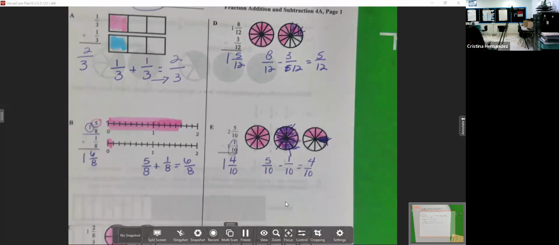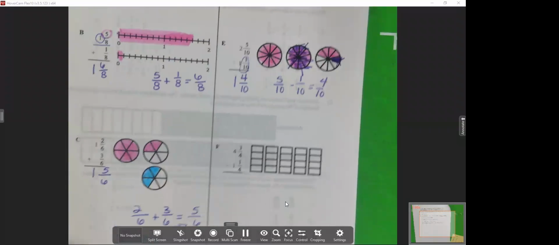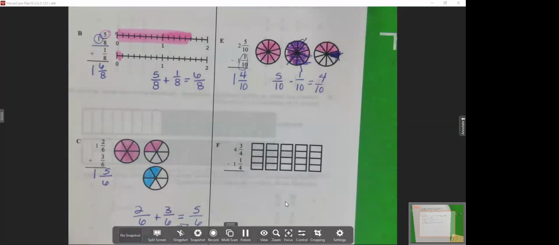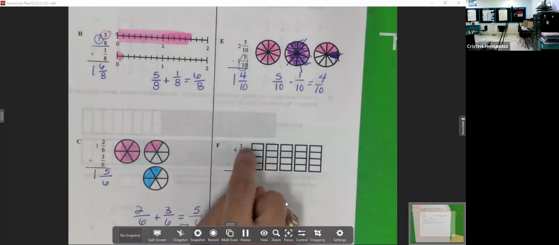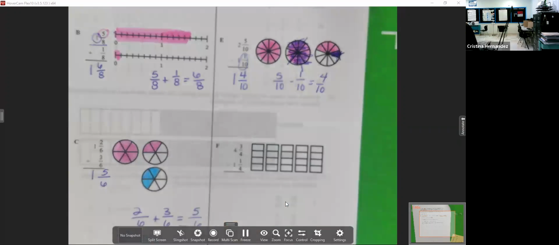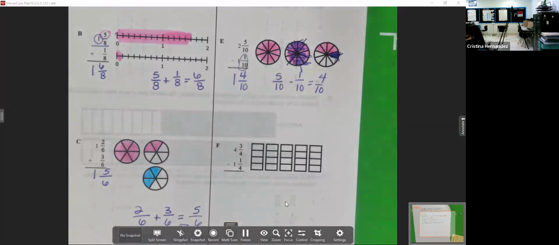Let's do G or F. F. How many wholes am I going to shade in? This top number tells me how many I'm shading in. Who can tell me what I'm shading in? Are my answers correct? Yes, they are, Emma. You can keep going.